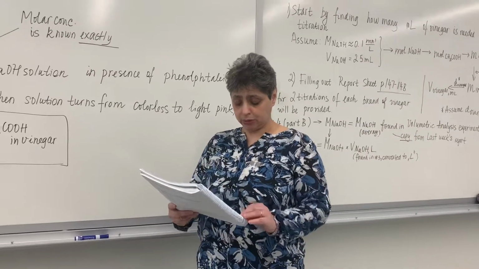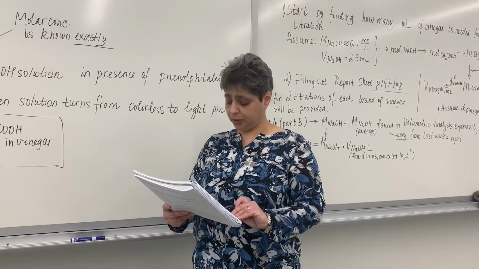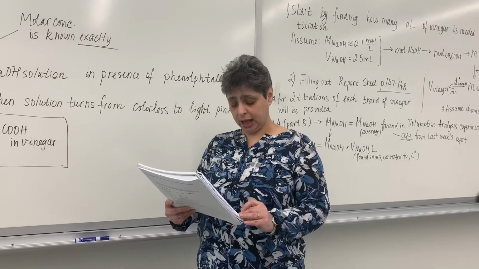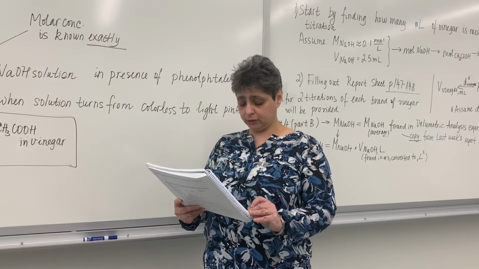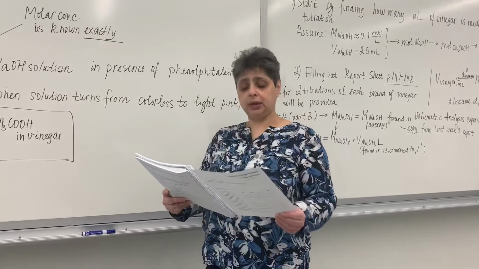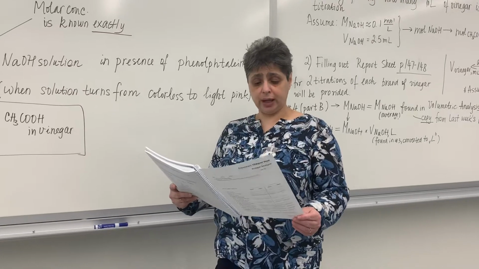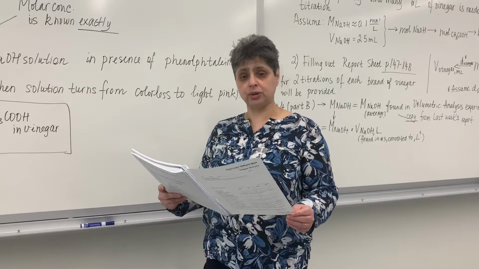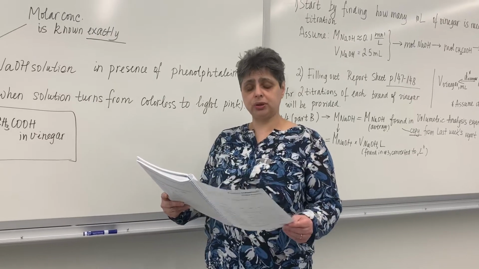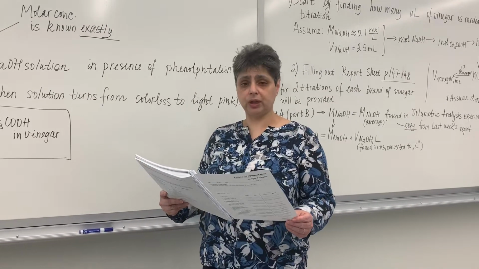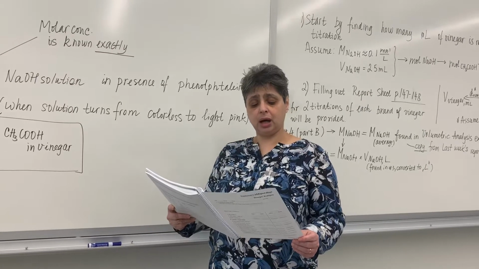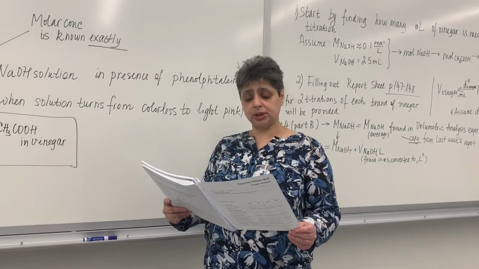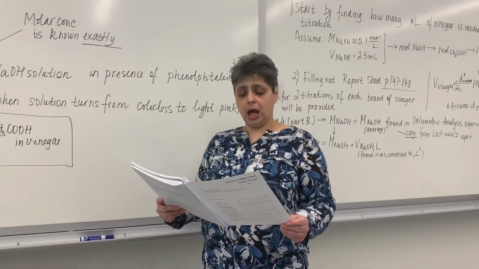I'd like to point out also that on the bottom of page 147, it says calculations for trial 1 of the first vinegar sample. And on the next page, there is some room provided. So be sure to show those calculations in detail, how units are canceled. Remember what we talked about in terms of significant figures as well. And then it says discuss briefly a comparison of the 2 vinegars.